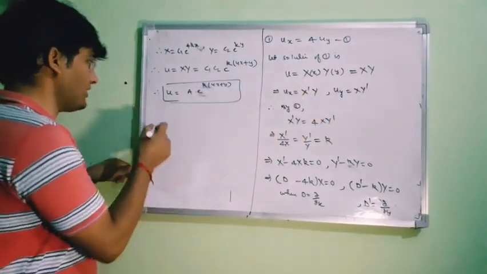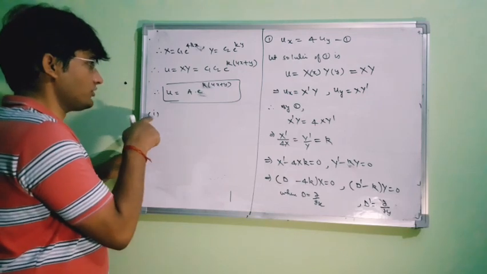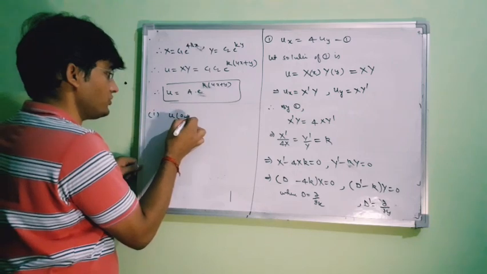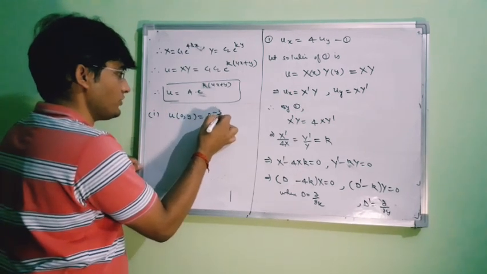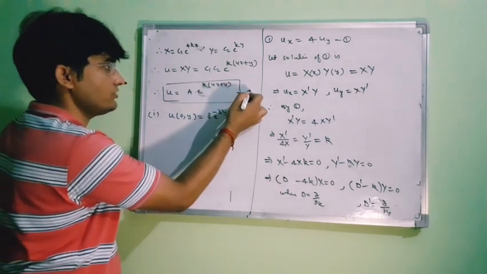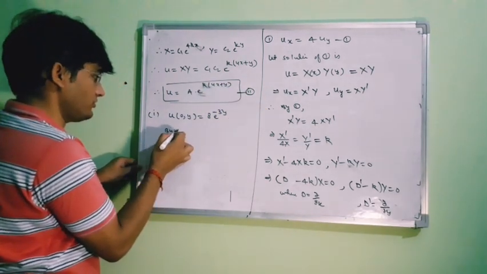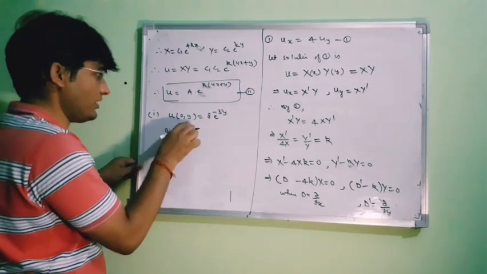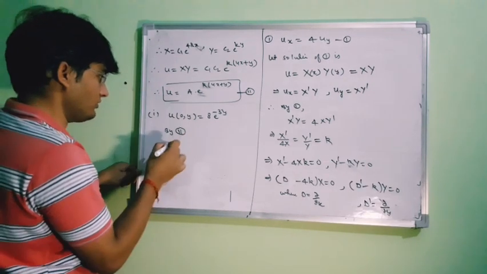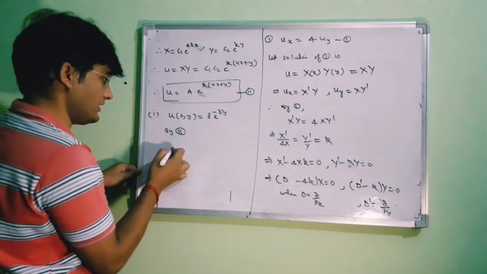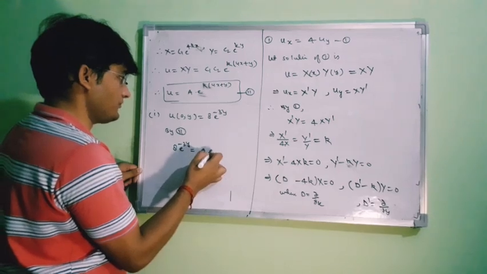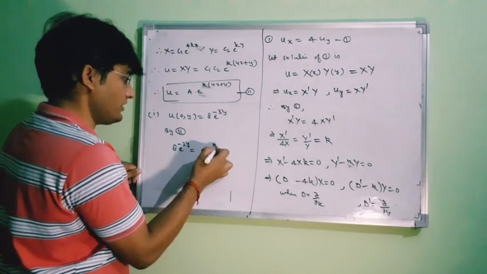Now for the first part, my boundary condition is u(0,y) equal to a e to the power minus 3y. So if you put x equal to 0 here, so this is your 2 by 2. If you put x equal to 0, then we will get the value of u(0,y) as 8 e to the power minus 3y, and in the right hand side we have a into e to the power ky.